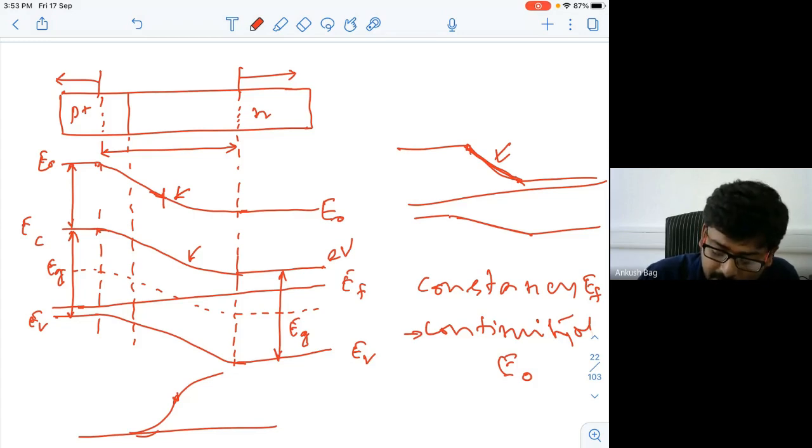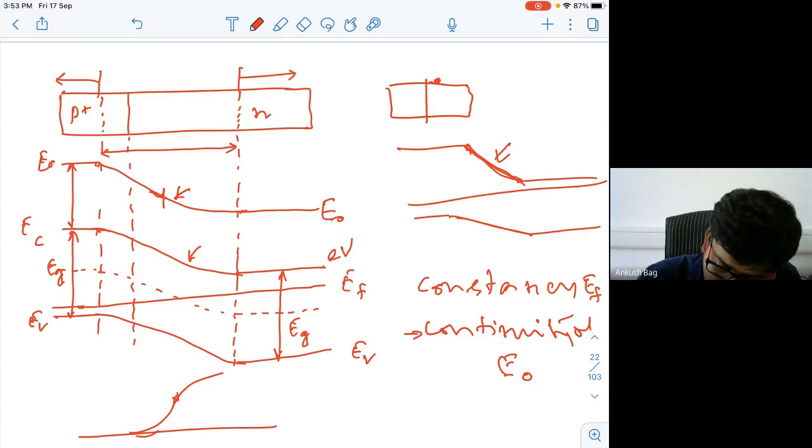That is not possible. That is why this E naught line will always remain continuous.